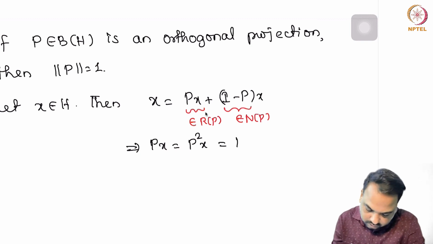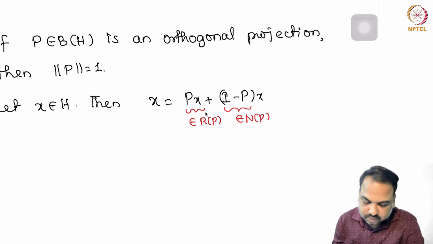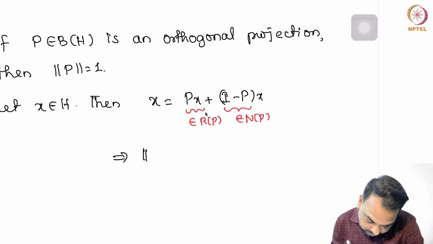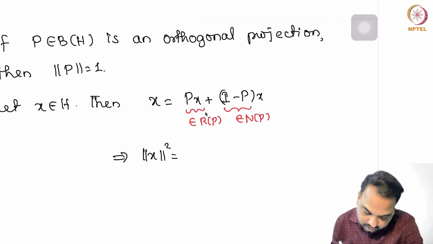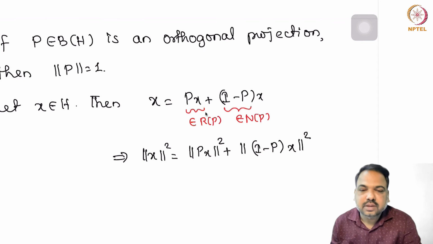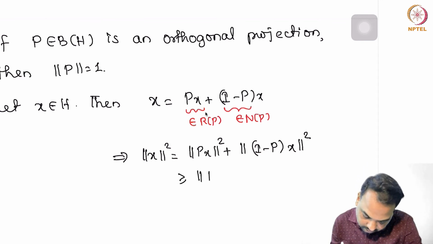So now this implies norm of x square is nothing but norm of Px square plus norm of I minus Px square. So this is bigger than or equal to norm of Px square.